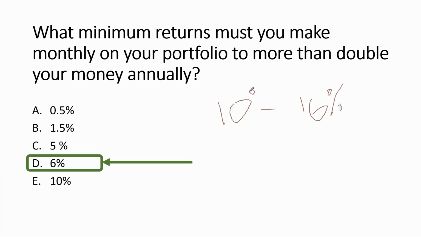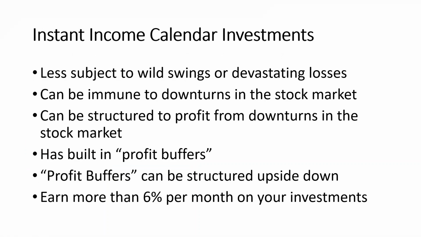I keep track of the folks who do coaching with us to see what their actual returns are. So even though we focus on the 6%, the 10 to 16% is what is coming our way. I guess it's like aim for the moon and you'll hit the stars or something like that.